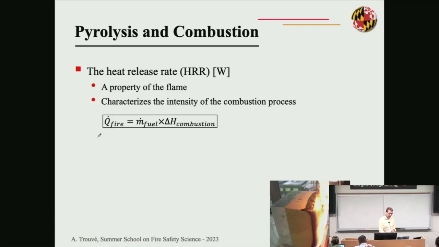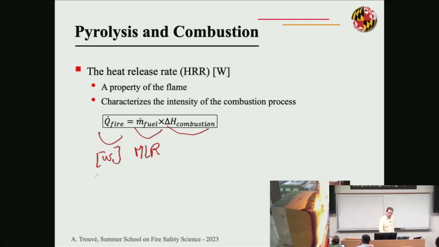So you can say that the rate of heat release due to the combustion process in units of watt is equal to the mass loss rate times the heat of combustion, which is the energy released by 1 kilogram of fuel every time it finds the oxygen that it needs and burns through a combustion process.